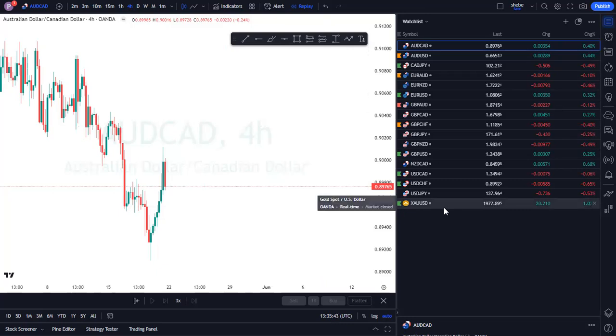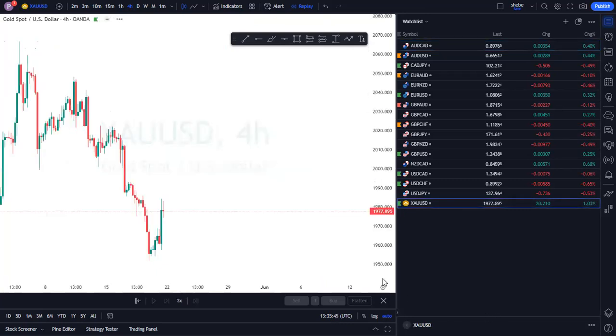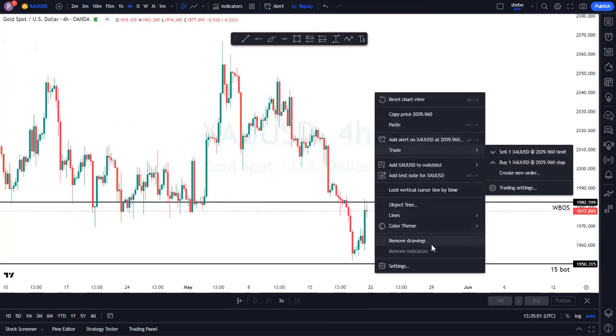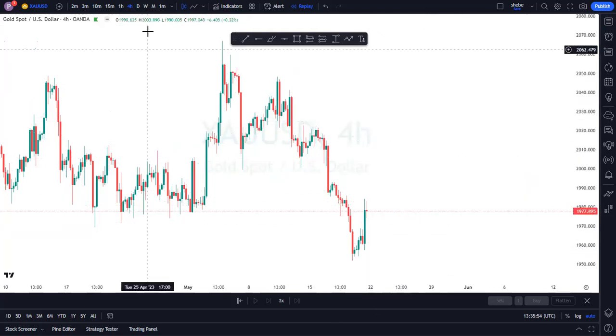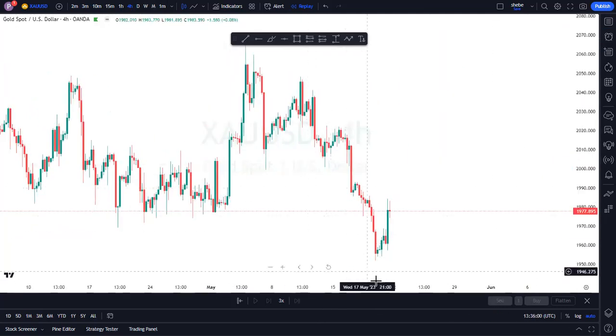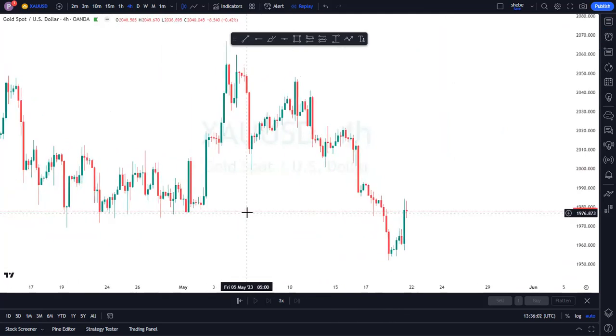Today, I would like to start with this one pair, which is gold against USD. But I will start with the lower time frame, which is 4 hour, like this one.